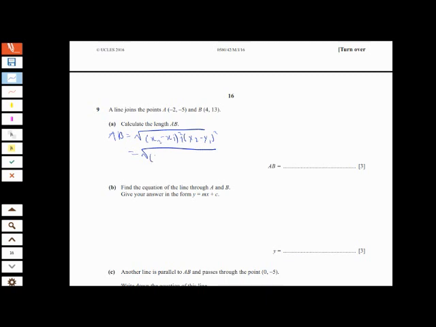Now it's 4 plus 2 squared plus 13 plus 5 squared. That would equal 18.027.